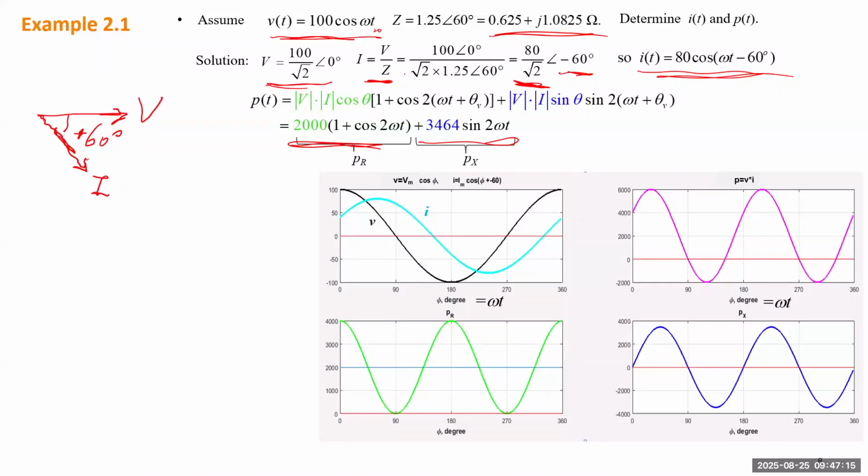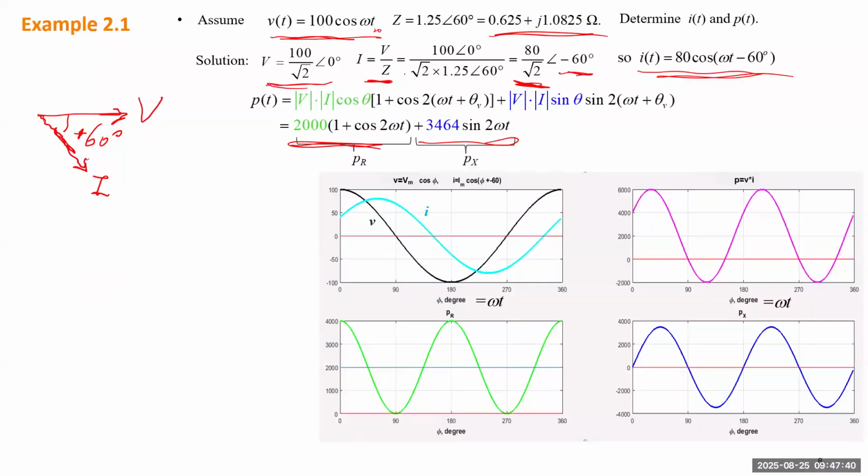So for 360 degrees, for voltage current to finish one cycle, and for the same range, the instantaneous power will finish two cycles, right? They start from here, and here is finish first cycle and finish second cycle. So instantaneous power will change faster, twice as fast as the instantaneous voltage current.